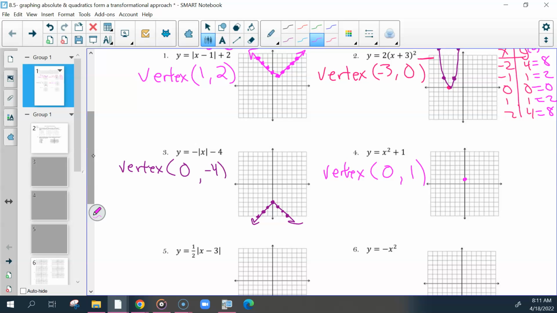It'll still be 1, or so left 1, right 1. And then from the vertex, go out 2 and up 4.